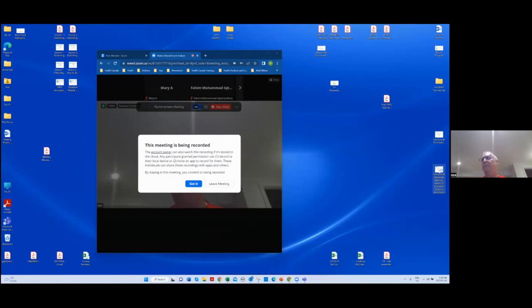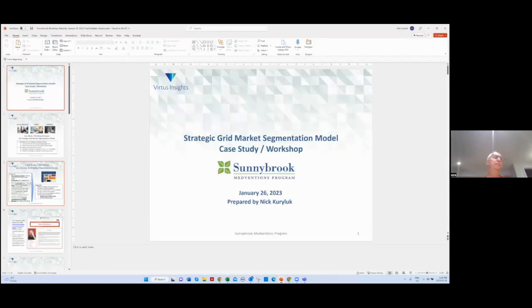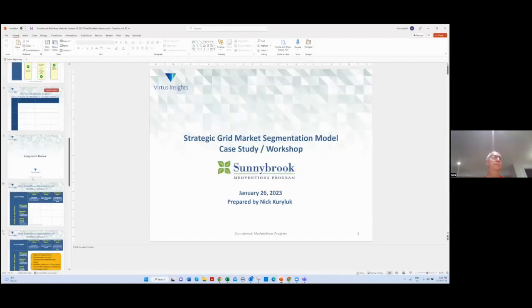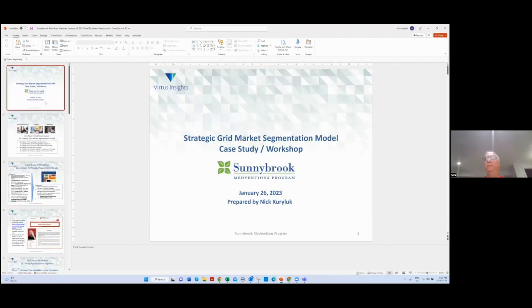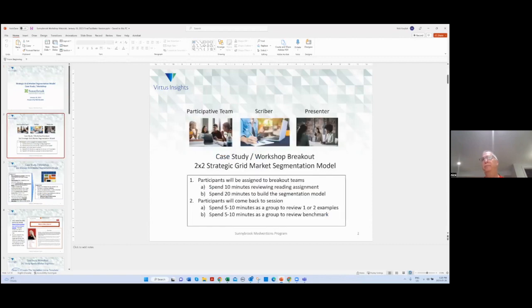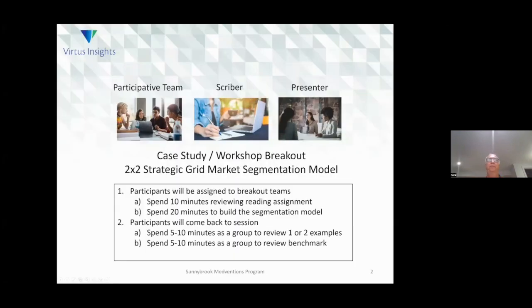Usually innovators at Sunnybrook are looking for ways to gather market data. And sometimes if you're in an early stage startup, you don't have a lot of money to invest, and you're looking to gather market data in a free and efficient way. Some of the other things our innovators do is, for example, identify a few companies in the space that you are operating in and listen to their quarterly conference calls or read their financial statements and reports.